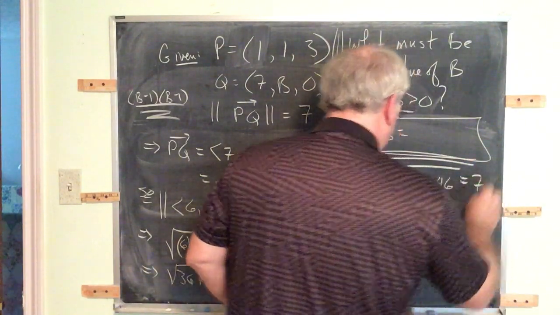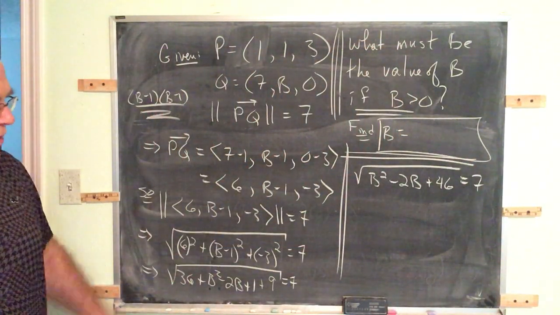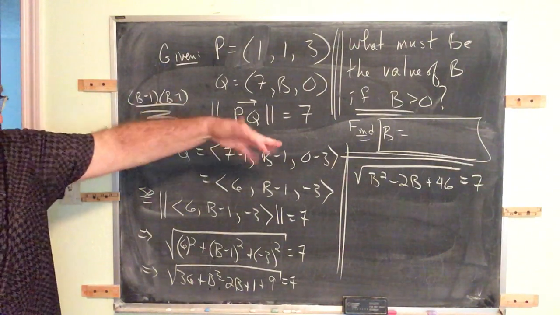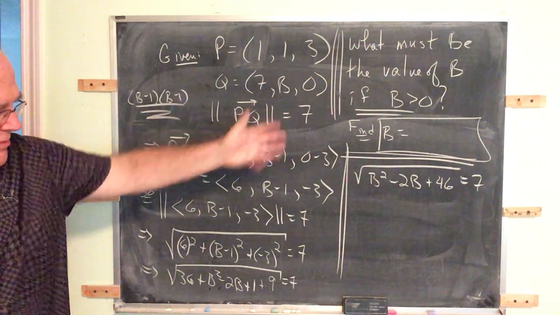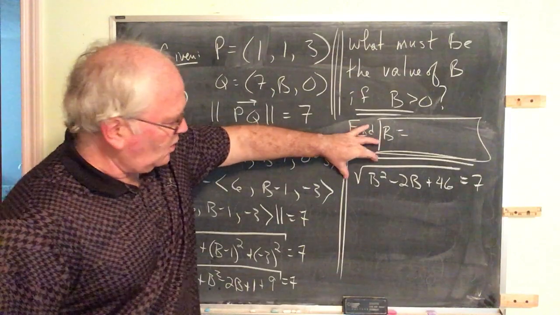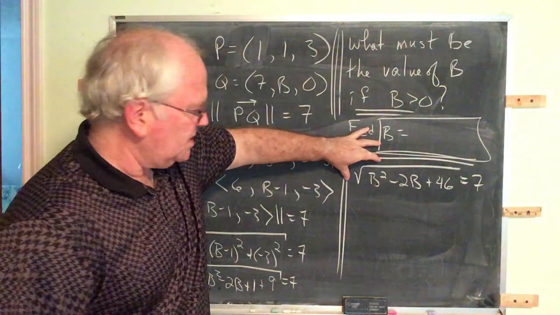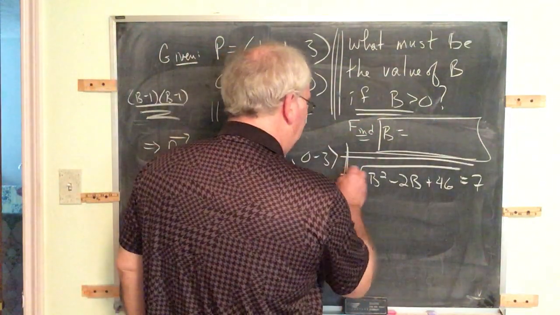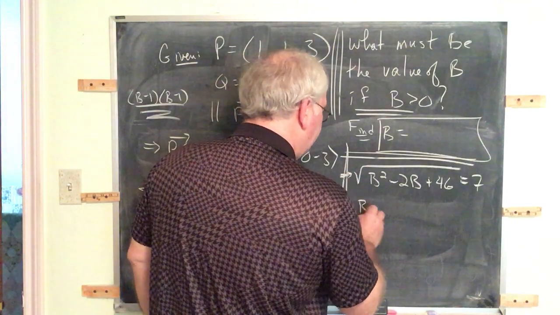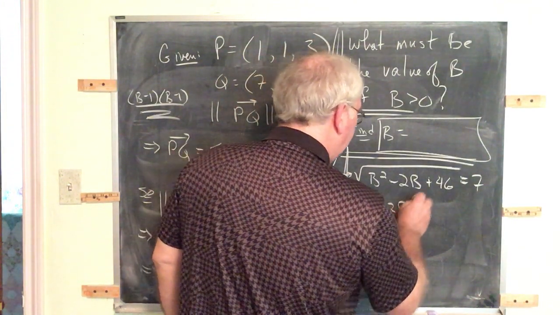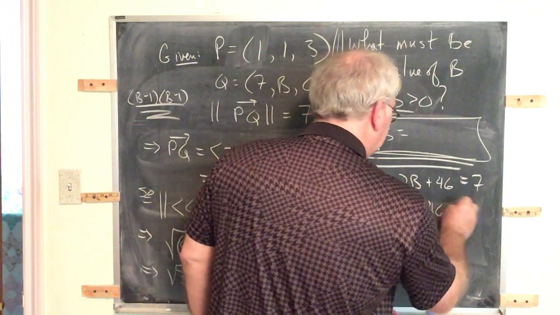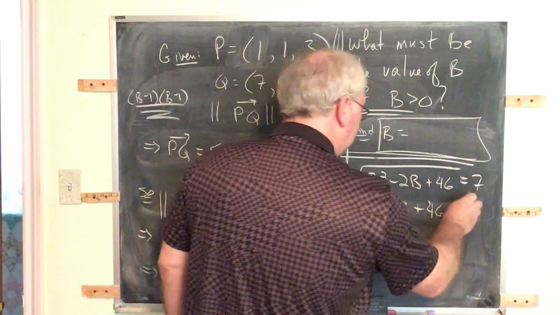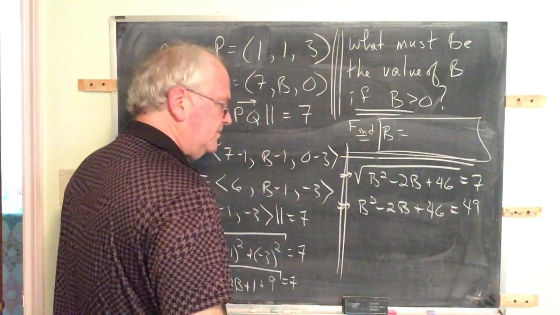That's equal to 7. Well, we don't want the square root. We can get rid of that square root on both sides of that equation by squaring both sides. If you square the left-hand side, the radical vanishes. That implies b squared minus 2b plus 46 is equal to, square the right-hand side, 49.